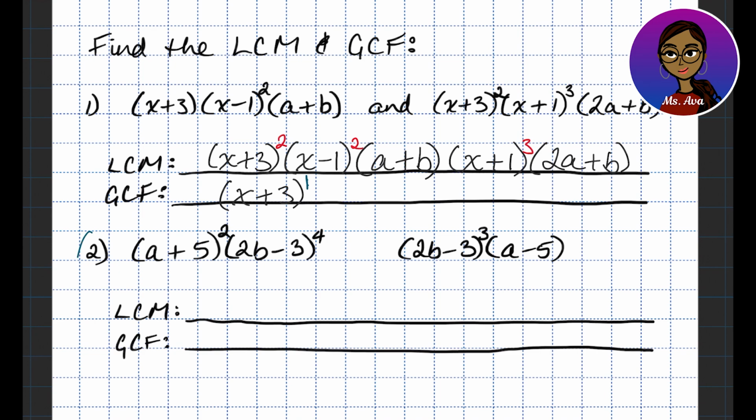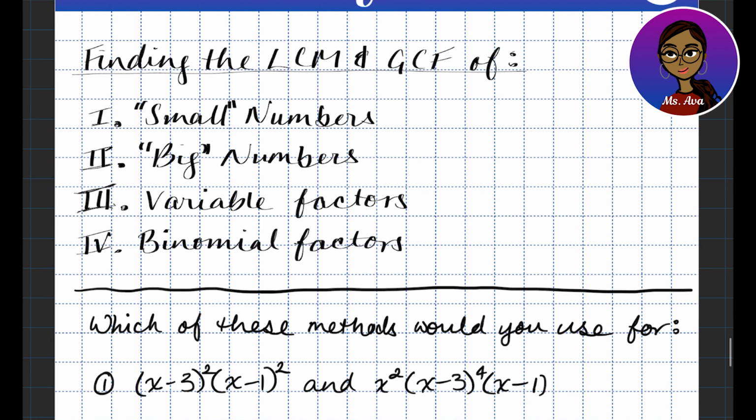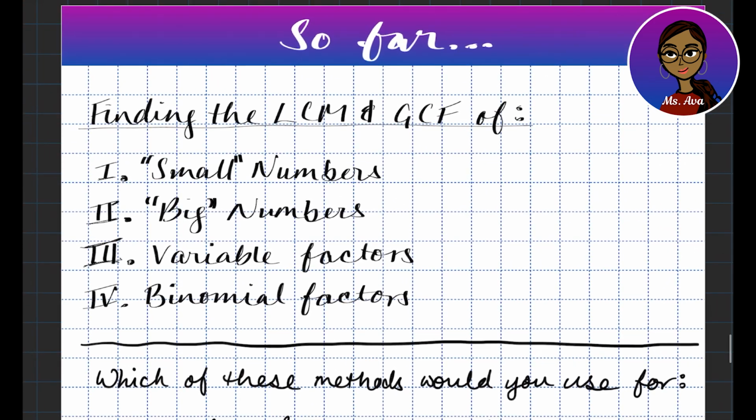I'm going to leave at least this problem for you guys to try out, and then let's skip ahead for a bit. So far what we did was we went over a process for finding the LCM and GCF of small numbers, which was things like 5 and 10.